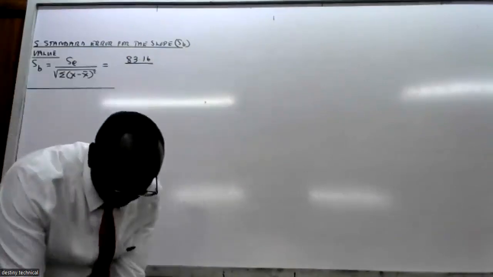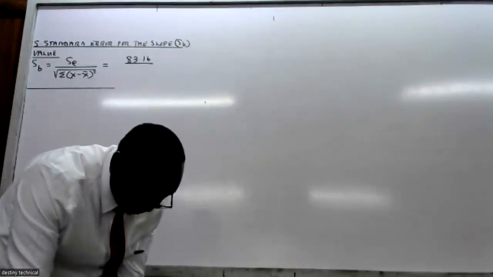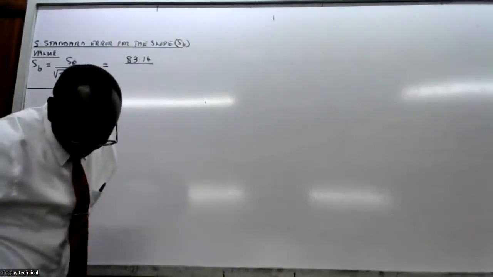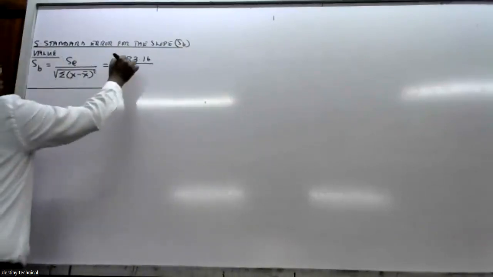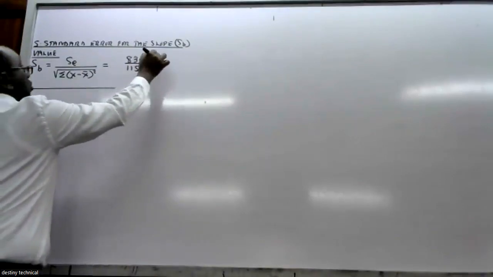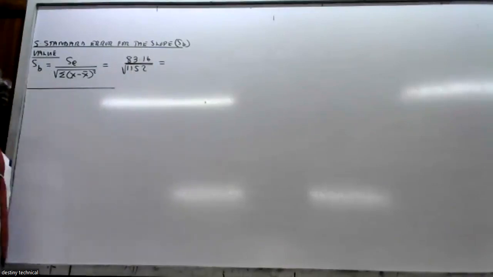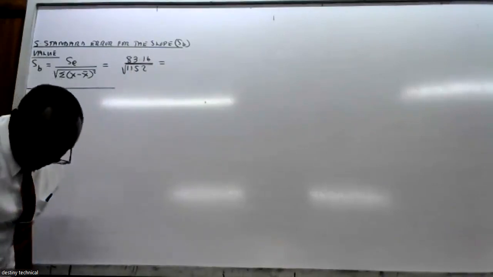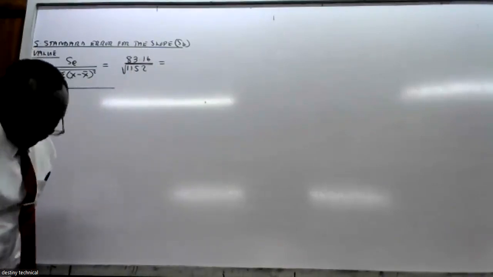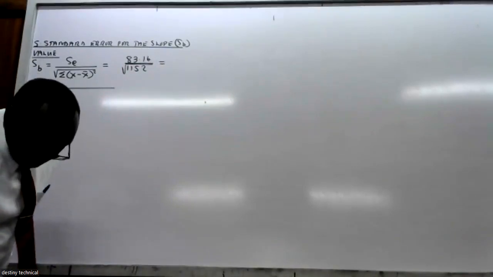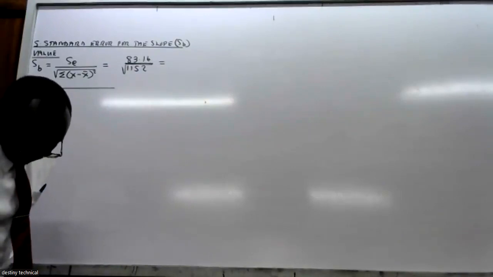Then go to the table that we had drawn, in the column of x minus x bar squared, and you realize that the total was 1152. So we get the square root of that, the square root of 1152. So we are saying 83.16 divided by the square root of 1152.